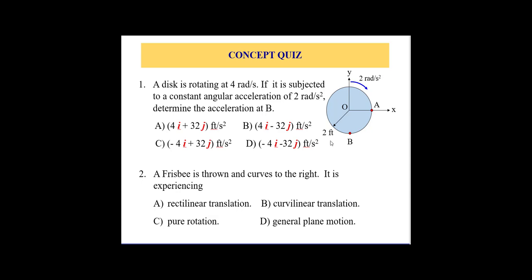Sorry, the omega is 4, so it's 4 by 4, 16. 16 by 2 is 32. So the answer is D.